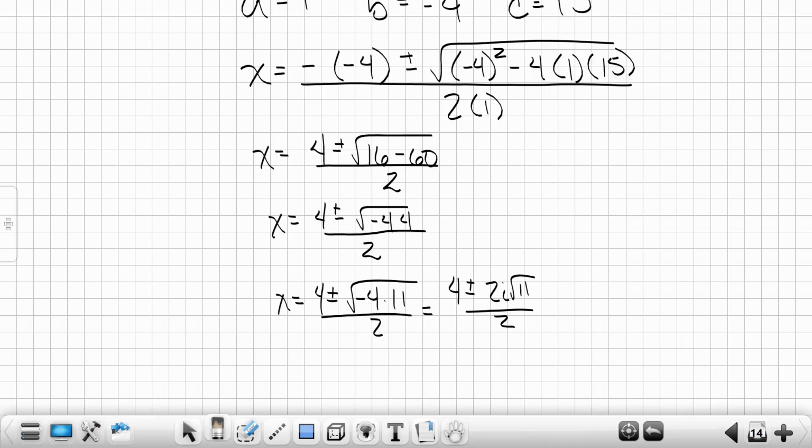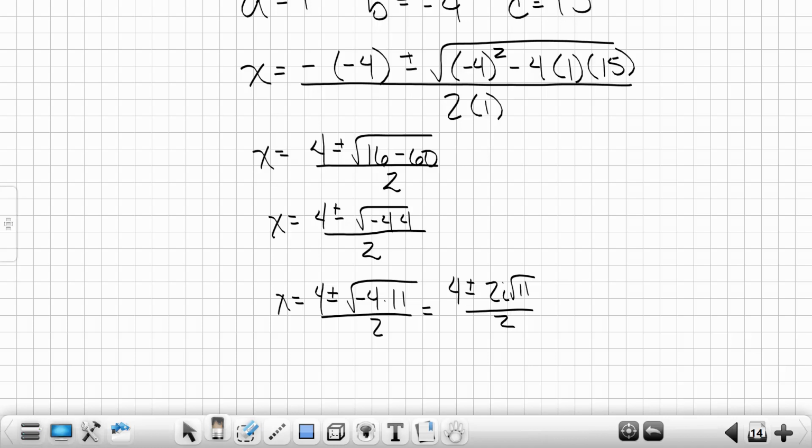I need to make sure everybody's good with this. Reducing the square root of negative 44, turning that into 2i square root 11. Here's where I want you to be careful, because this is the error I see in work. That 2 divides into every item, every monomial.